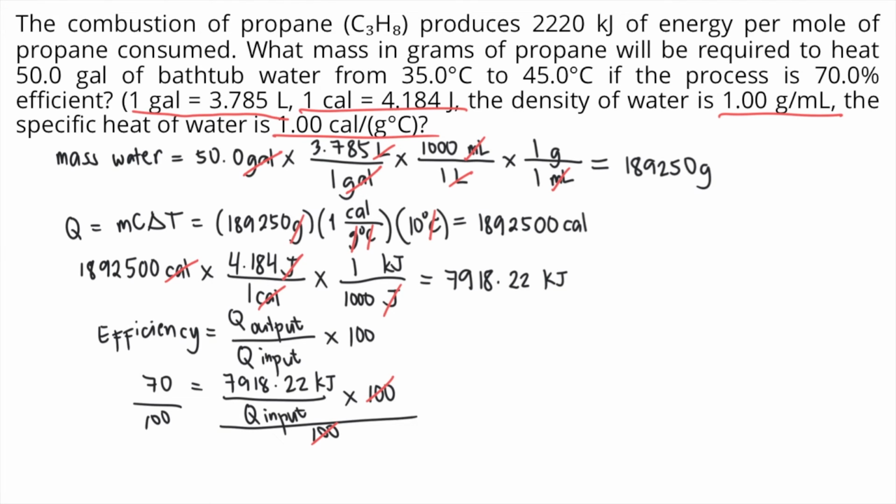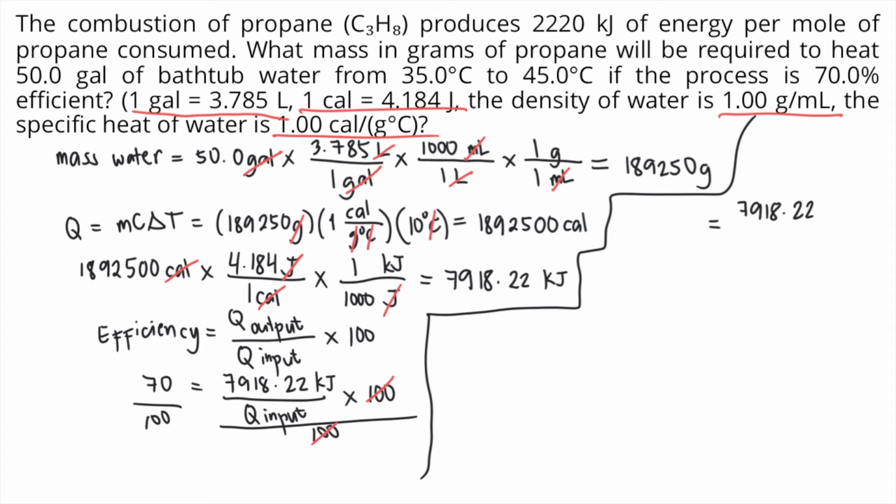So let's continue the calculation here. On the right side, what's left is 7918.22 kilojoules over Q input.